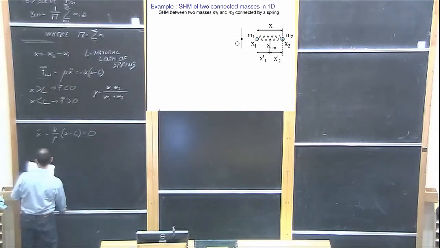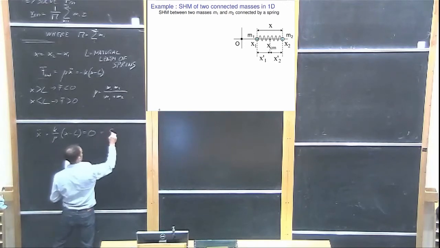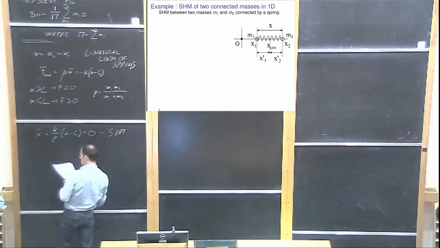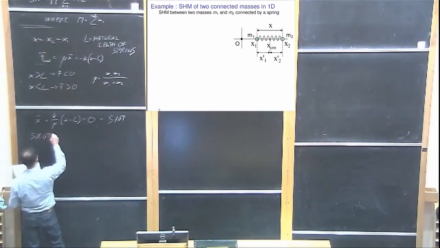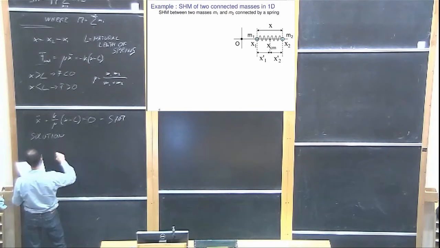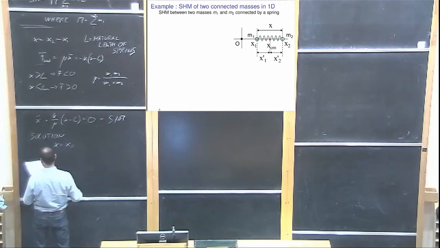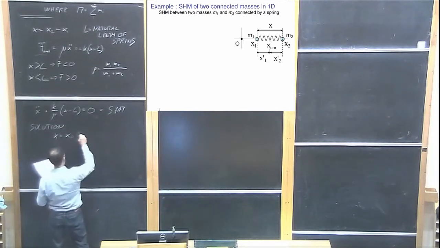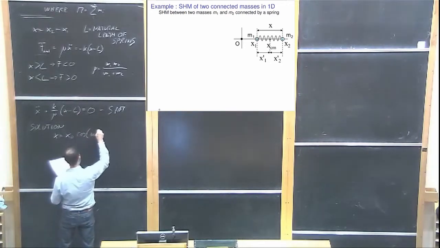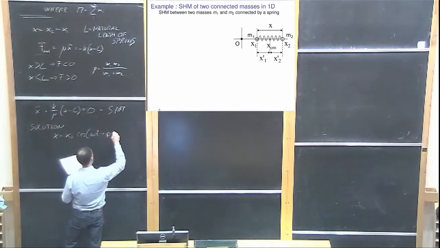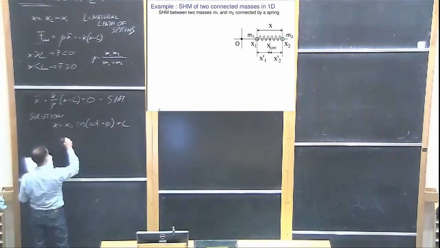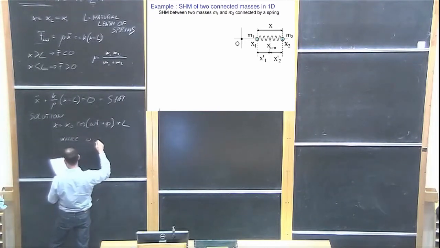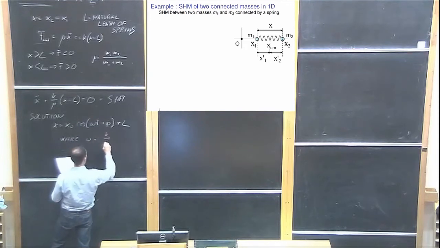So this is simple harmonic motion, and from that, you know the solution will look something like x equals x naught, the overall amplitude, times cos(omega t plus phi), plus L, where omega equals the square root of k over mu.